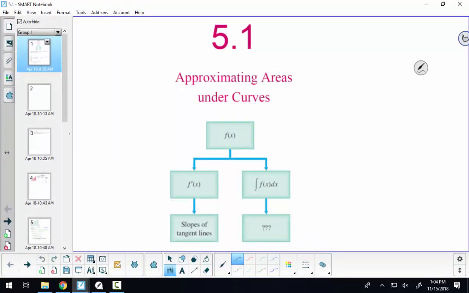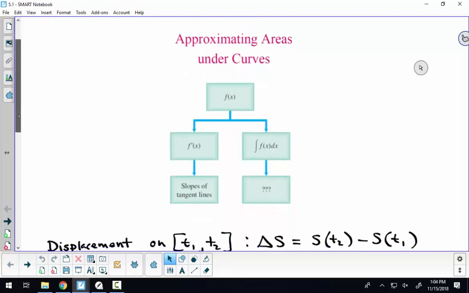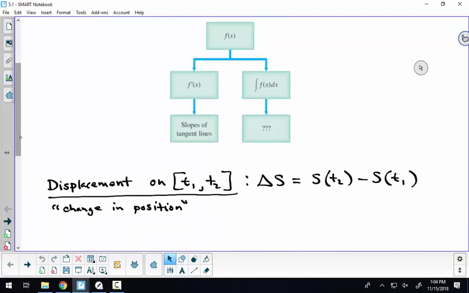So in 5.1, we're looking at approximating areas under a curve. Our chapter 3 and chapter 4 material was kind of the left branch of this tree, where given a function, we computed the derivative and interpreted that as the slope of a tangent line or the instantaneous rate of change in a physical context.